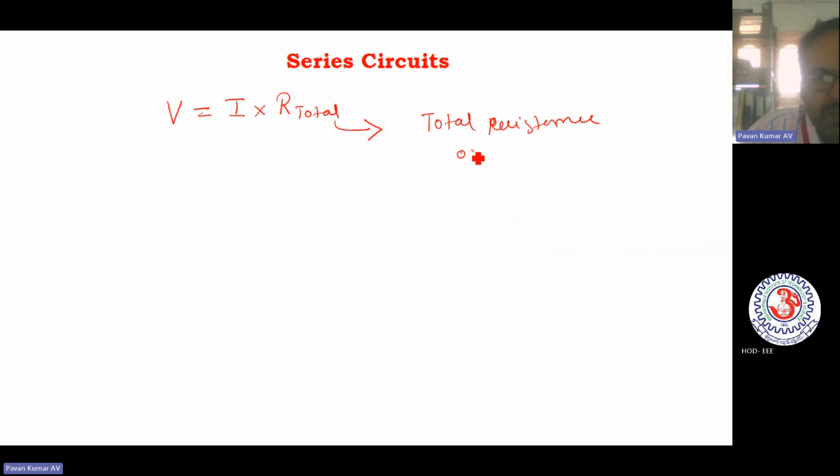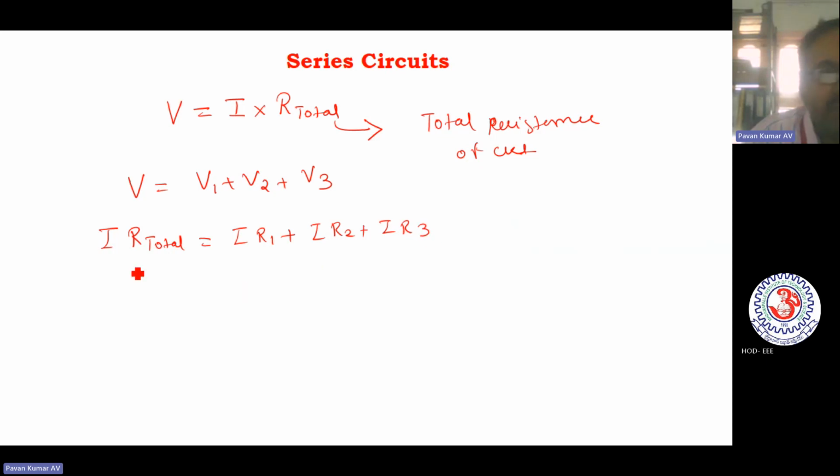As we previously wrote V1, V2, V3, we substitute them into the equation V equals V1 plus V2 plus V3. So V is nothing but I into R total, which is equal to I into R1 plus I into R2 plus I into R3. Taking I common, I gets cancelled on both sides. So R total for series circuit is equal to R1 plus R2 plus R3.